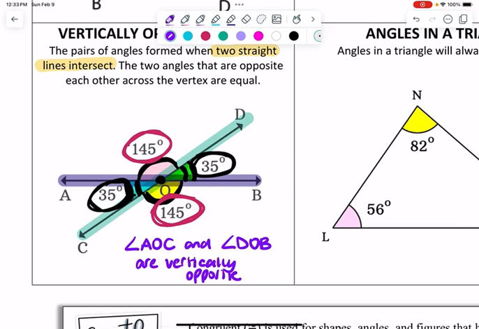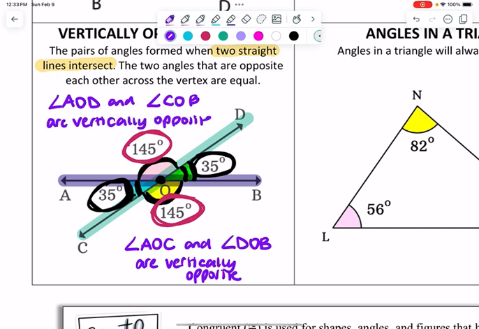But at the same time, angle AOD and angle COB are also vertically opposite, which means my measures of those angles are going to be equal.